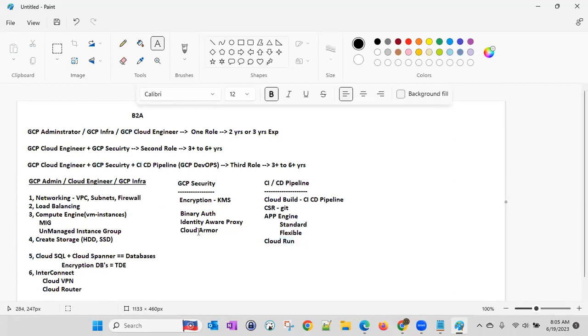These three things we are going to see in depth from basic to advanced level. Apart from that, a very, very important thing is that some problem came, some other problem came in networking, some problem in security, some problem in the pipeline.